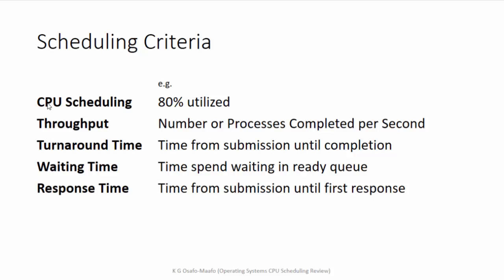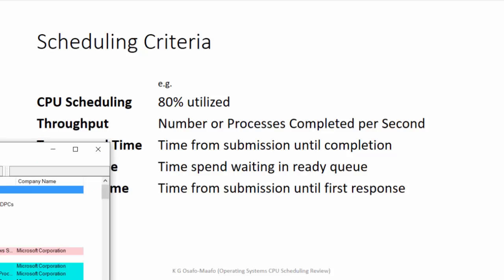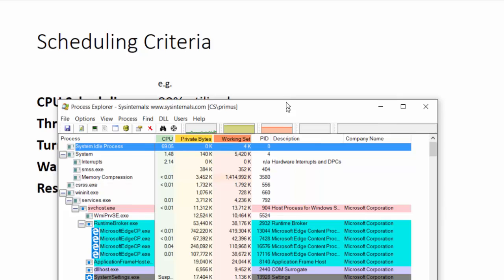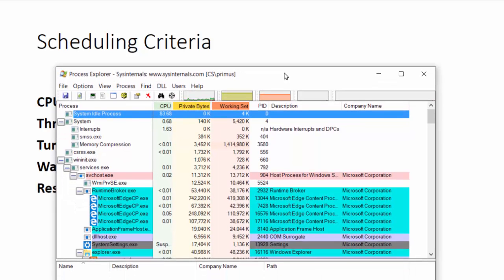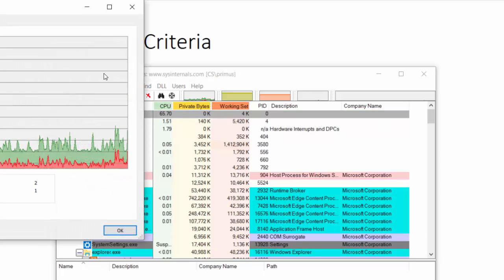For example, we ask, are we utilizing the CPU? So I should have said CPU utilization. We'd say maybe it's 80% utilized or 100% utilized. If you have any type of task manager, this is a task manager by Sysinternals, and you can see, for example, how much it's using of the CPU. It's saying 20% or so on.